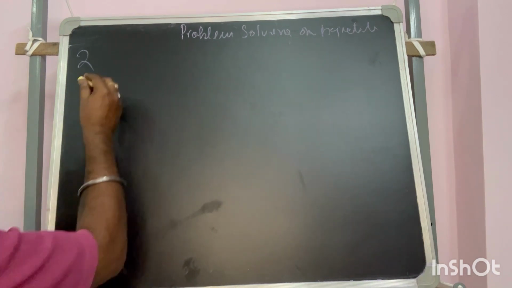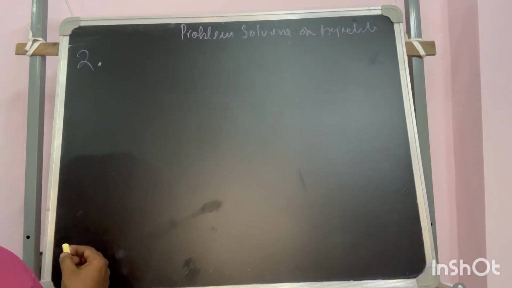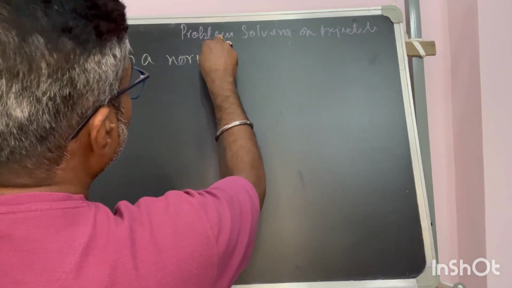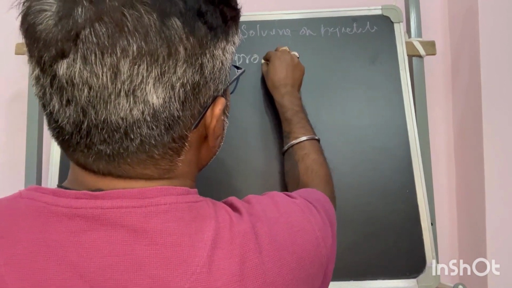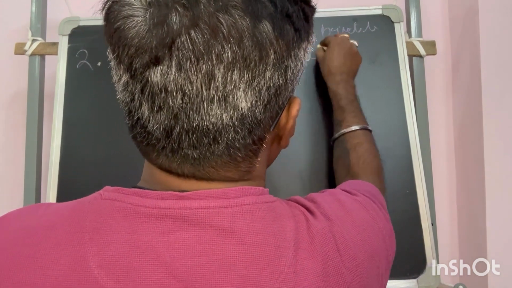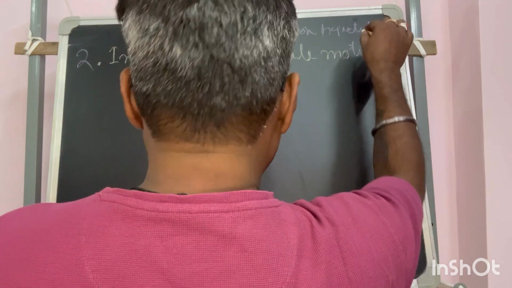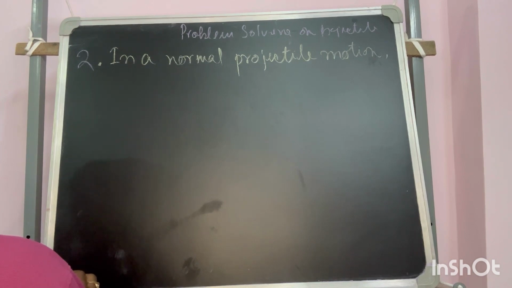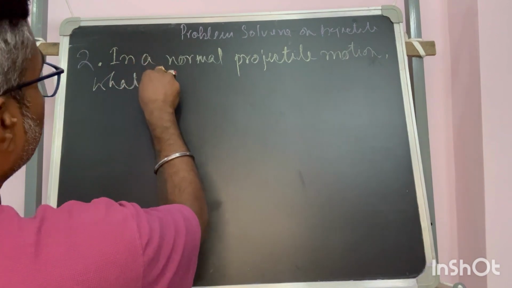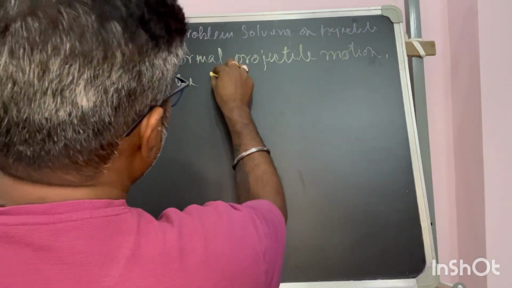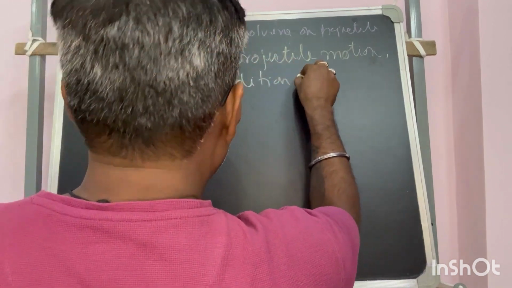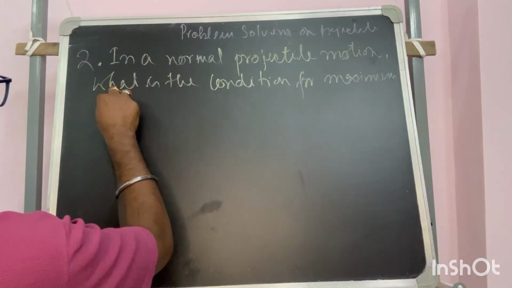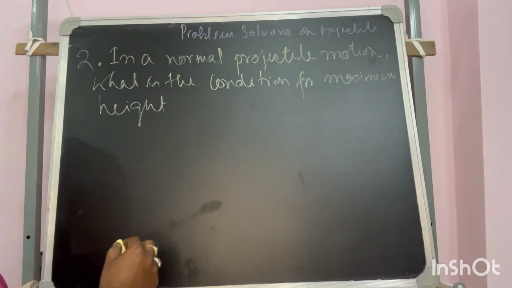Number 2 problem says, in a normal projectile motion, what is the condition for maximum height? Now in the earlier case it was the range, now in this case the height.